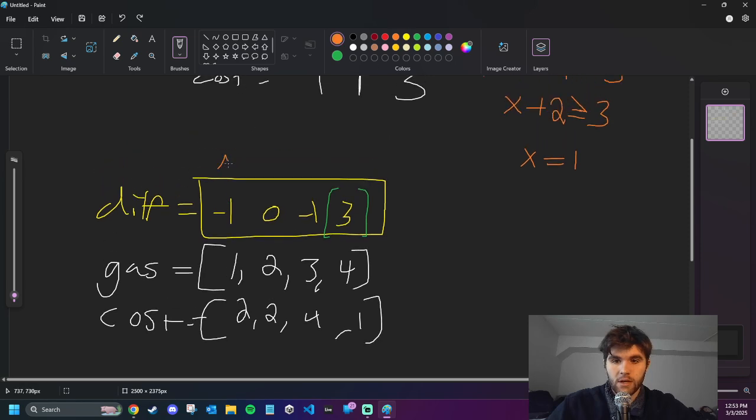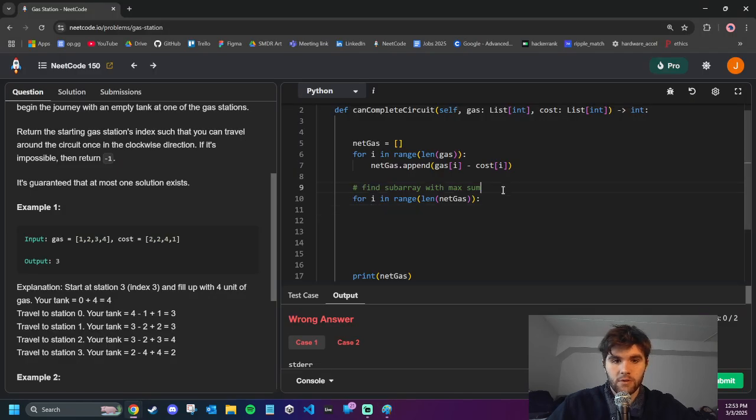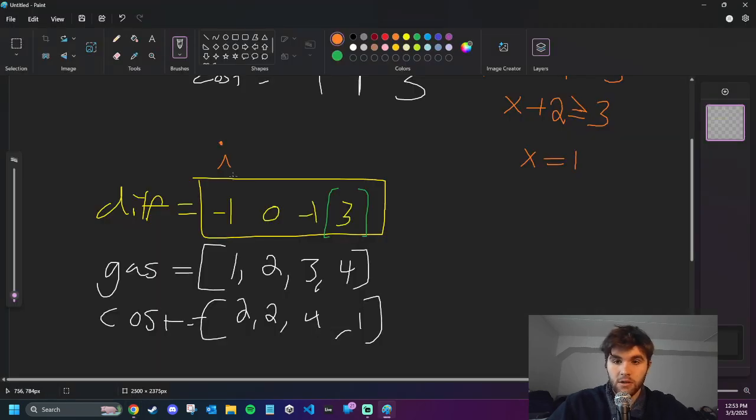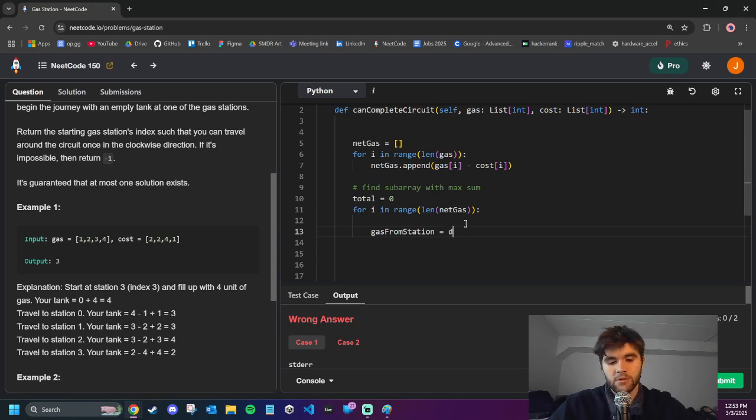Okay, so we're going to start I here. So we'll have current sum. So it'll start as 0. And then we'll say gas from this station. Well, that would just be diff, right?